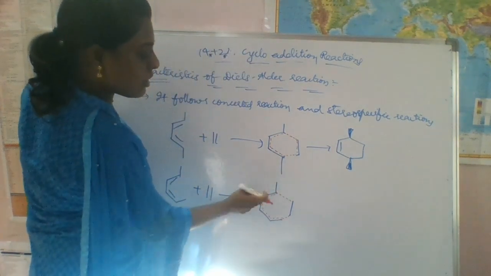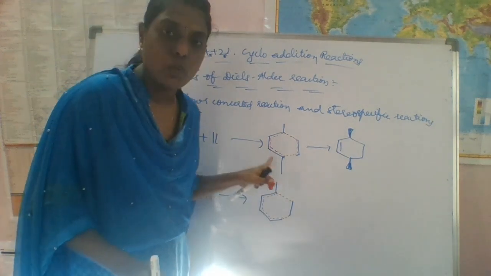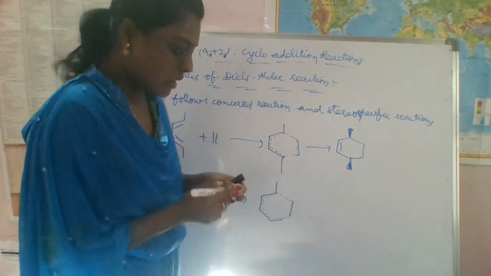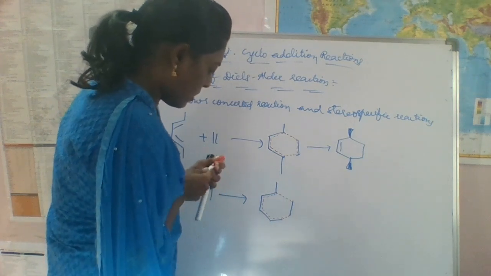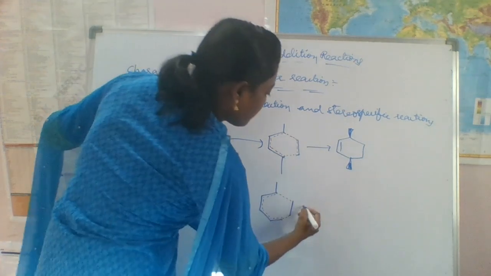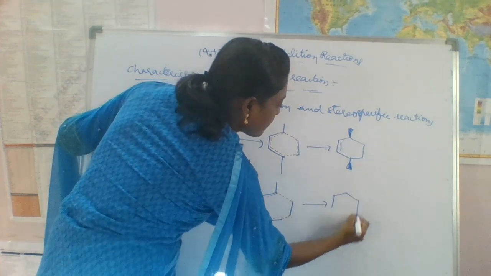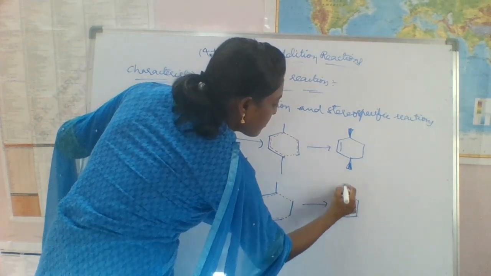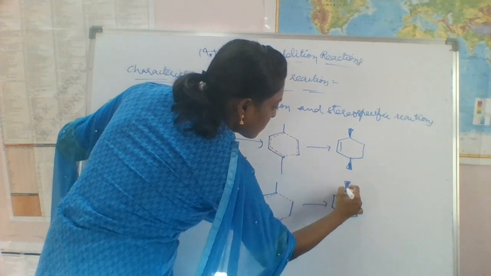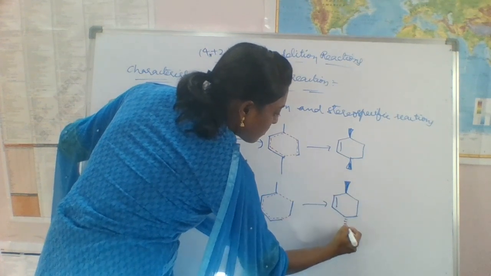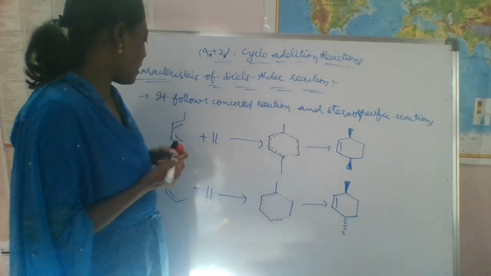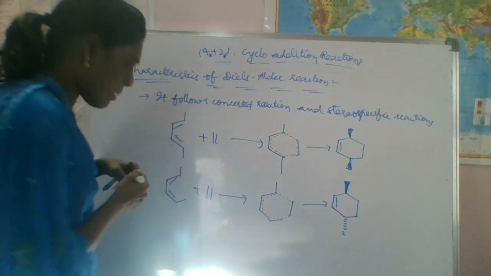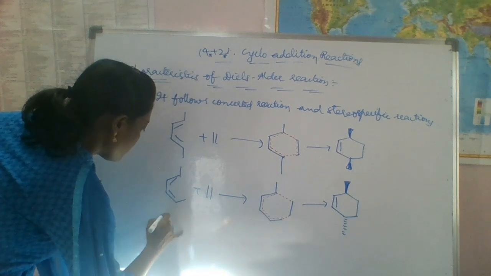Here two double bonds are there, no? So that's why these are all involved in the transition state, right? Okay. So next we have to write this product. So we can write, this is one of the examples.